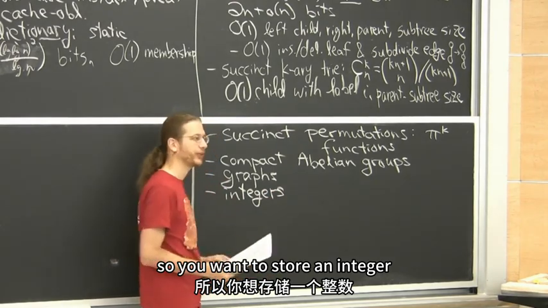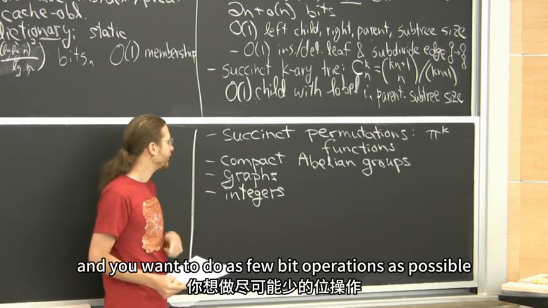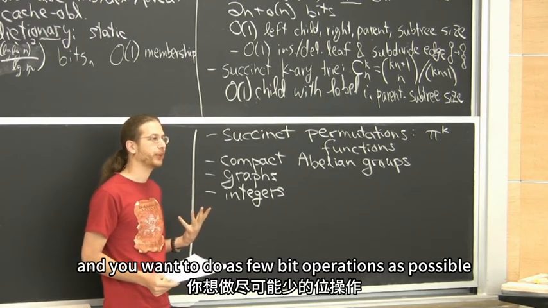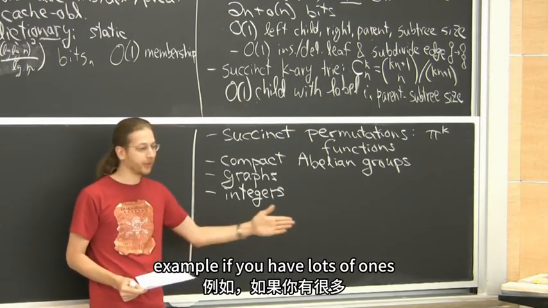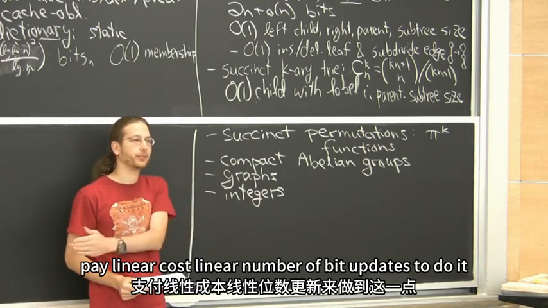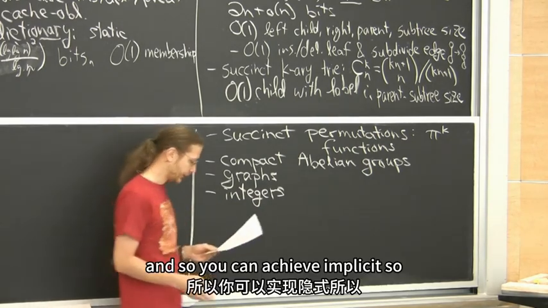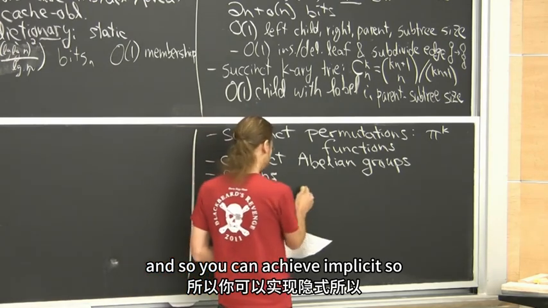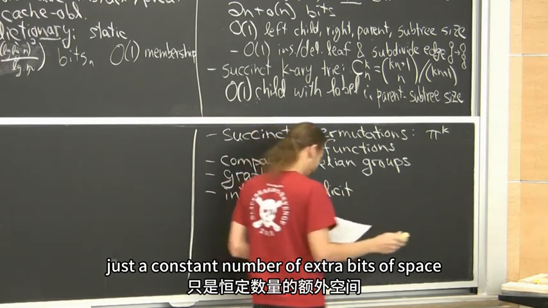So you want to store an integer, and you want to be able to increment and decrement the integer. And you want to do as few bit operations as possible. Worst case, for example, if you have lots of ones in your bit string, you do an increment, you don't want to pay a linear number of bit updates to do it. And so you can achieve implicit, so just a constant number of extra bits of space.